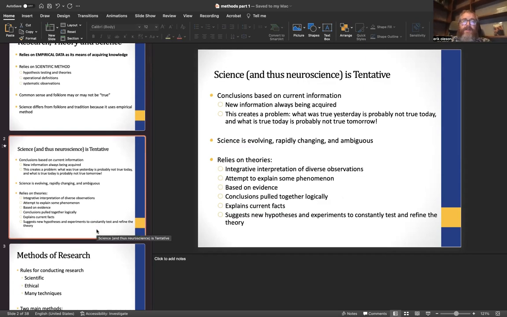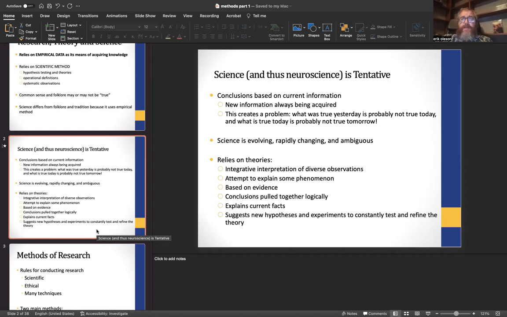So science, and thus neuroscience, is tentative, meaning that it's based on current information. This is always going to need to be updated. I was taught when I was your age that there's only one neurotransmitter per neuron. We now know that this is very much incorrect, and there are numerous chemical signaling molecules within one neuron.